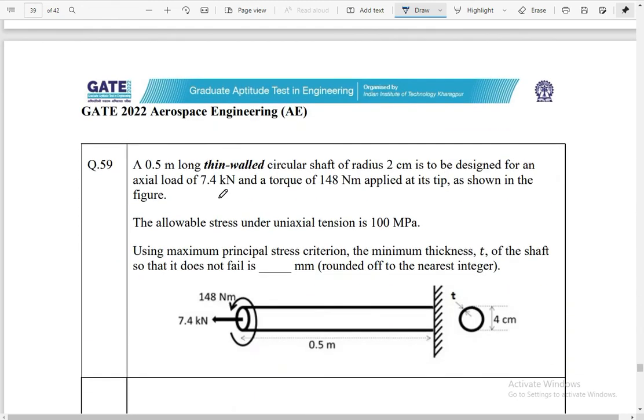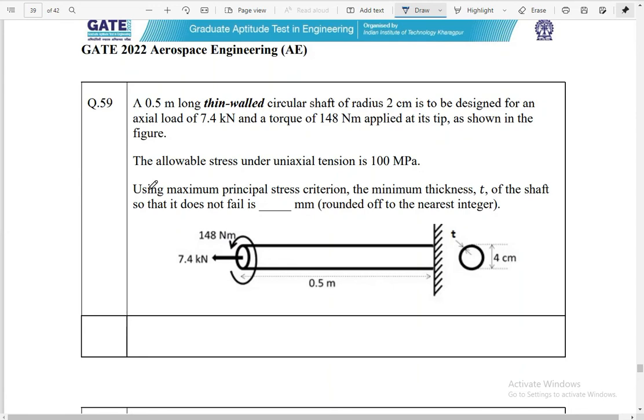Question number 59 is a 0.5 meter long thin walled circular shaft of radius 2 cm, to be designed for an axial load of 7.4 kN and torque of 148 Nm. The allowable stress under uniaxial tension is 100 megapascal.